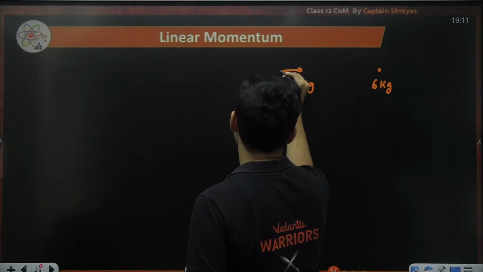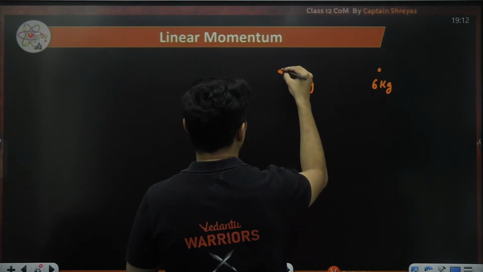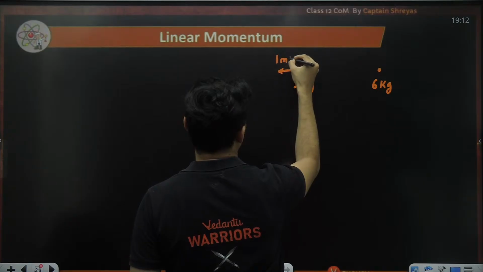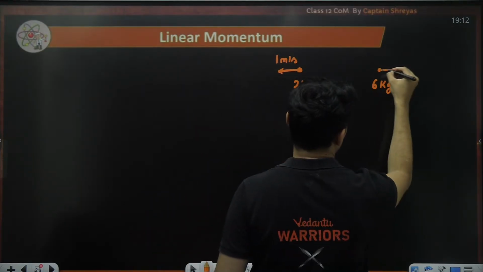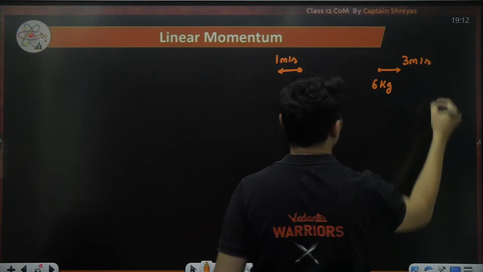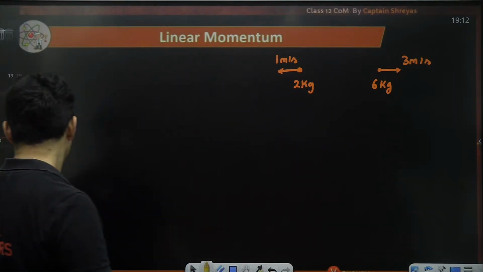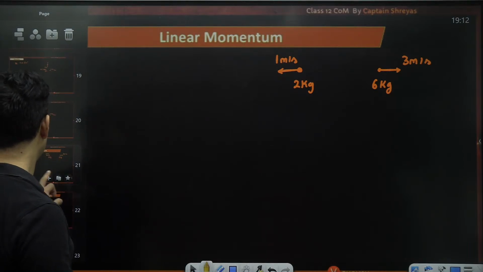This mass is, let's say, moving like this with a speed of 1 meter per second. And this mass, let's say, is moving over here with a speed of 3 meters per second. Okay, I'm going to make you calculate a few things and let's see how it turns out to be.